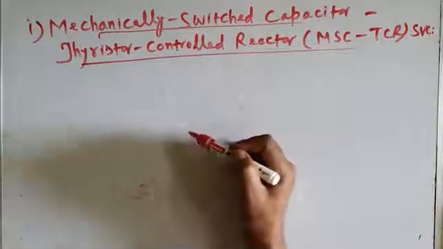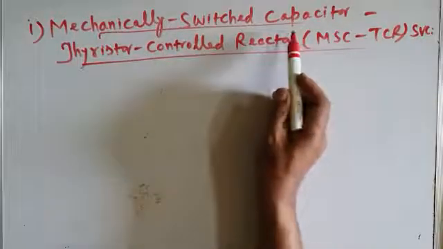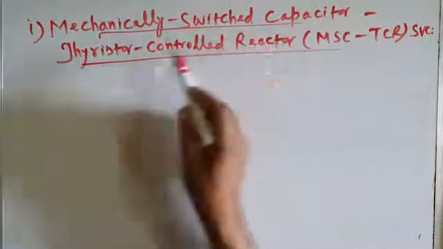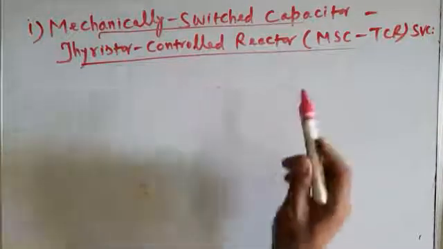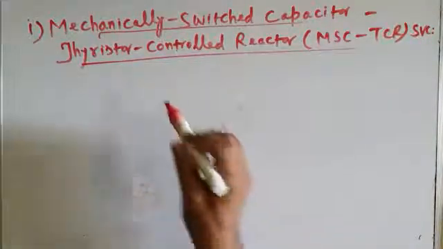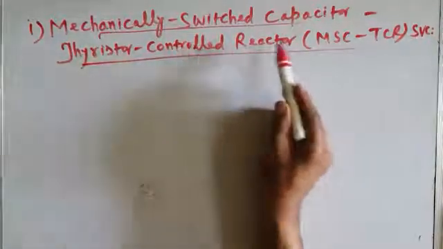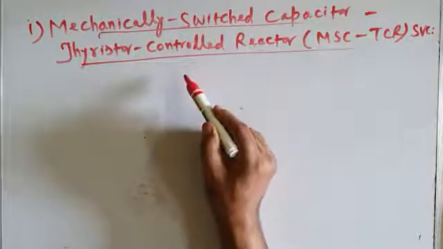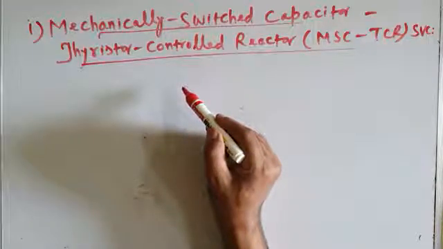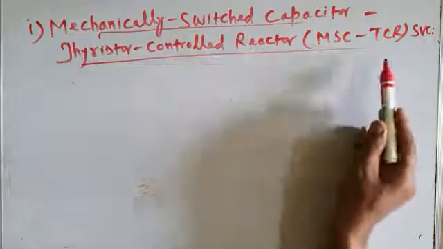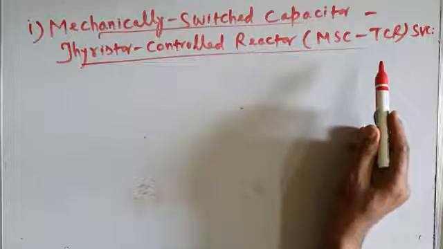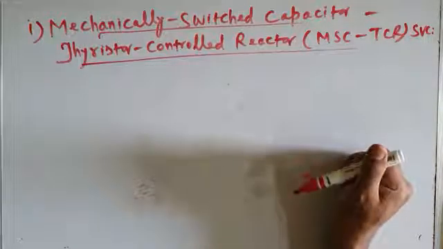Since a mechanically switched capacitor bank is cheaper than a thyristor switched capacitor bank. MSC is cheaper than TSC. So therefore, in those applications where only a few switchings per day are involved, this MSC TCR type SVC offers lower cost than an equivalent TSC TCR type SVC.